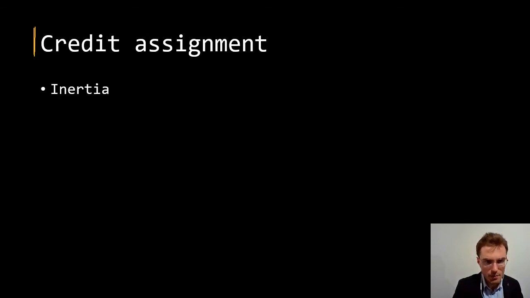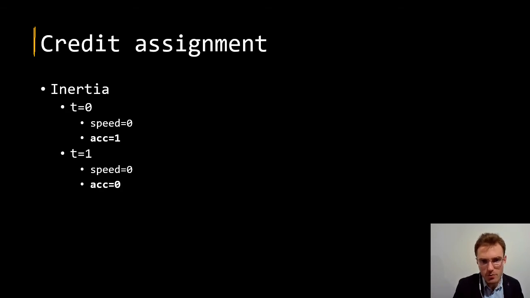Let me give you an example. It's all about inertia in the vehicle. At t equals 0, you are stopped. You make the choice of throttle 1. At t equals 1, you are still stopped, and for some reason, because you are exploring or randomly acting, you ask for throttle 0. And then only at time t2, because of inertia, the car is moving.